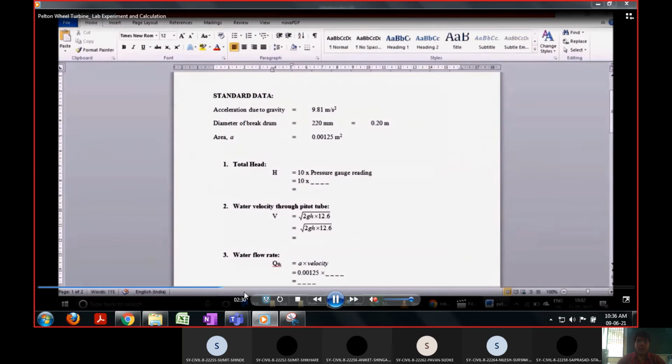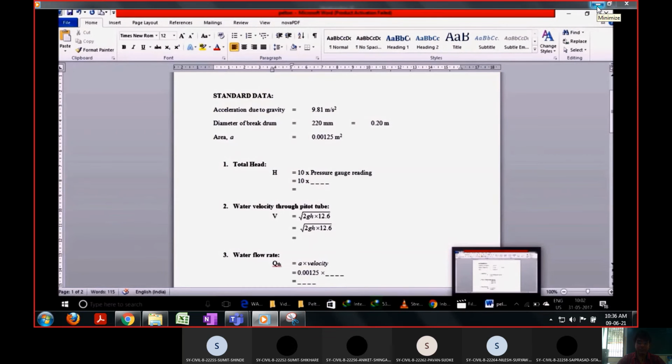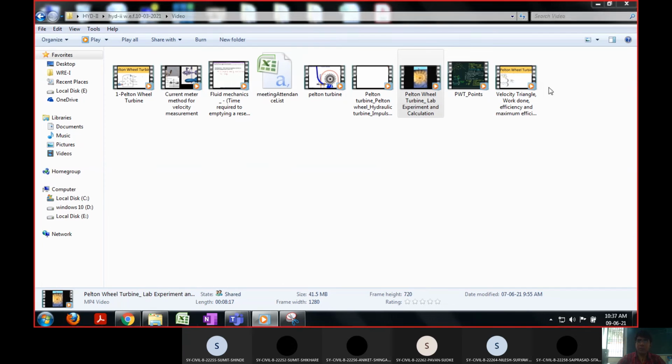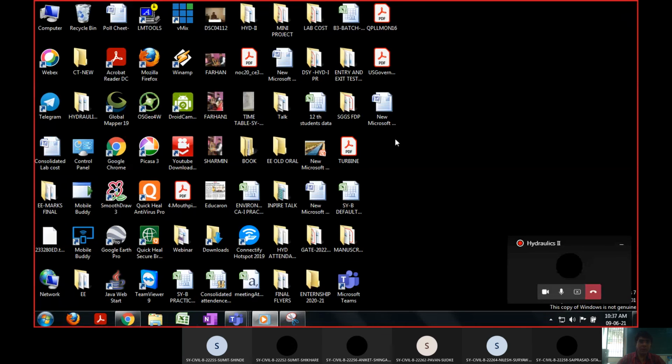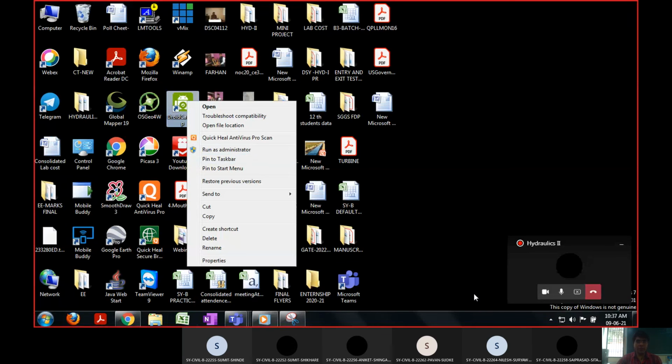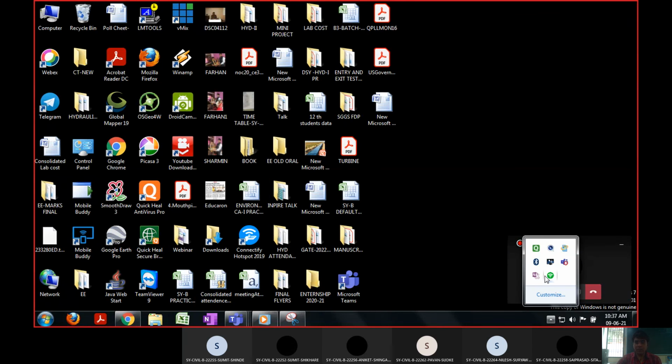Then we have the calculations, how to do the calculations. I am going to share the calculation with all of you with the Droid cam. I am going to switch on this Droid cam so that we can do the calculation.